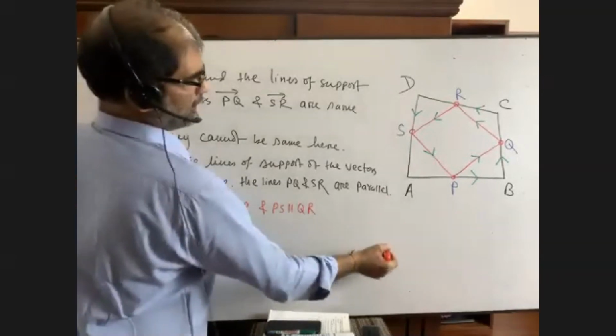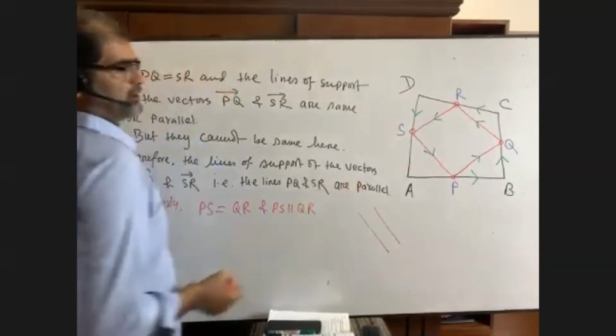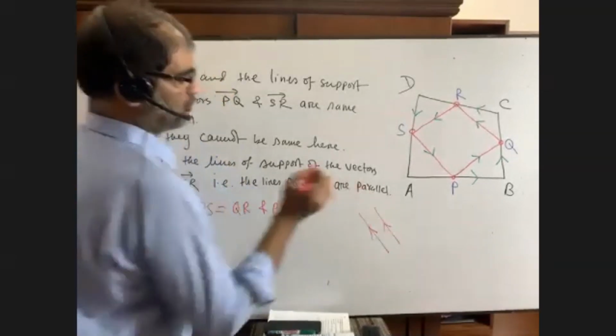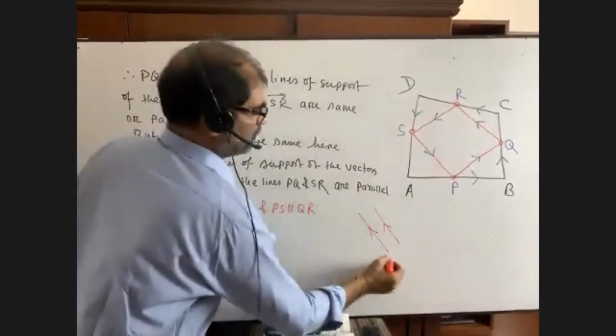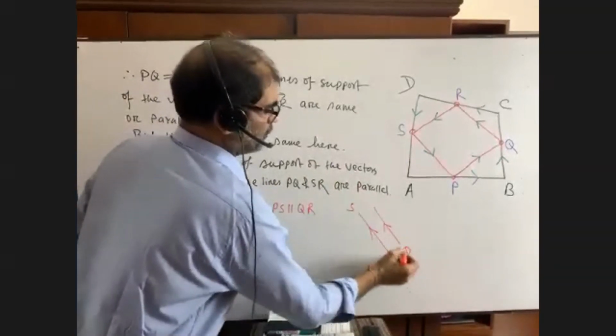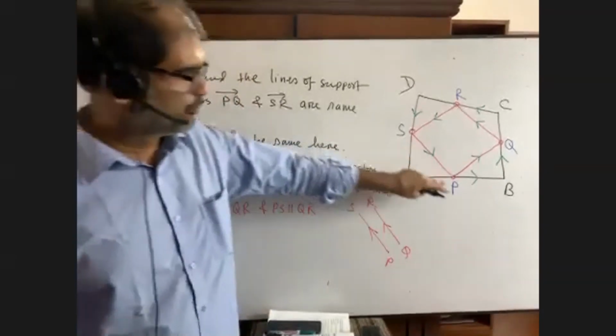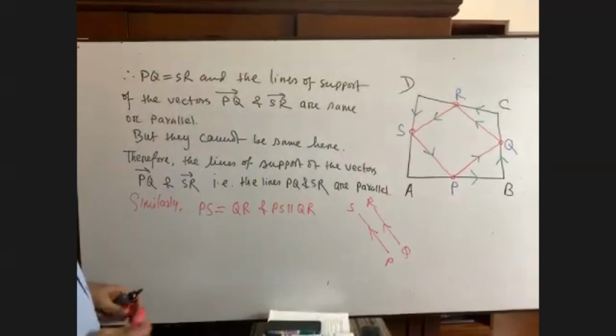P to S in this way direction and Q to R in this way direction. You see, it is PS, it is QR. We can prove that. Though here it is S to P, please try to understand.